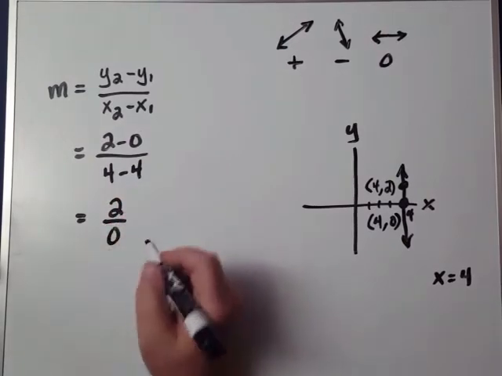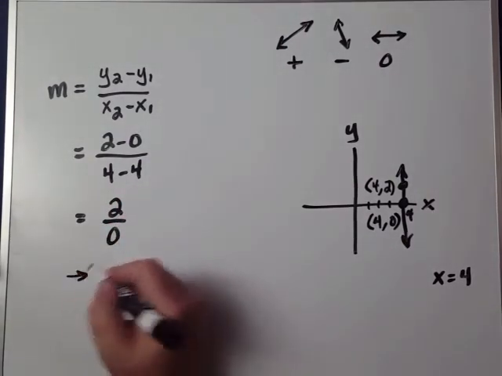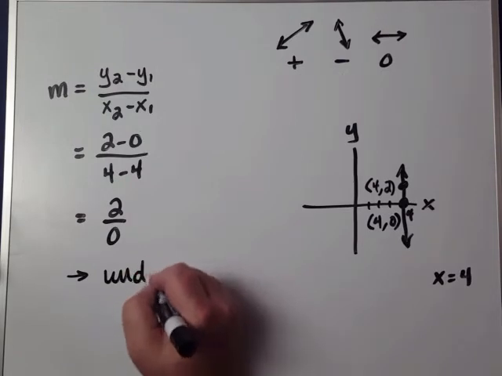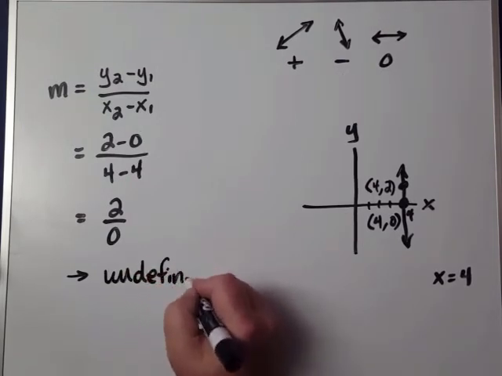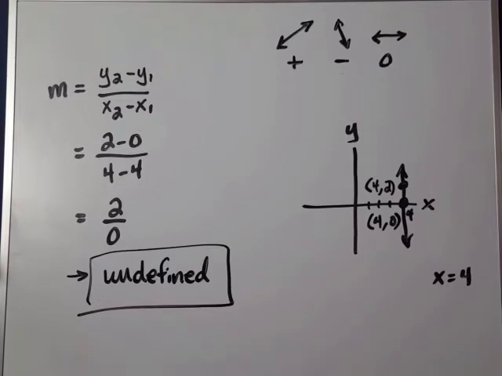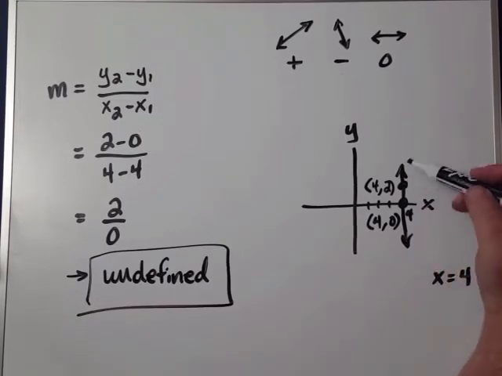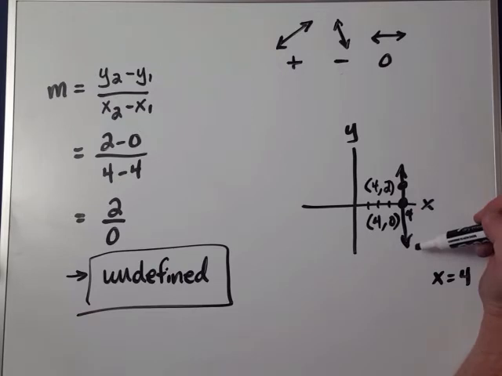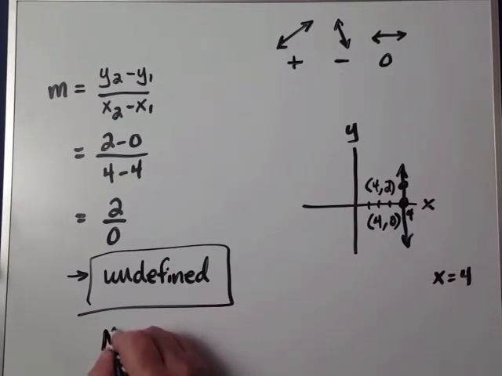That gives me 2 over 0, which we know is undefined. Division by 0 is undefined. So this line that is both rising and falling at the same time has no slope.